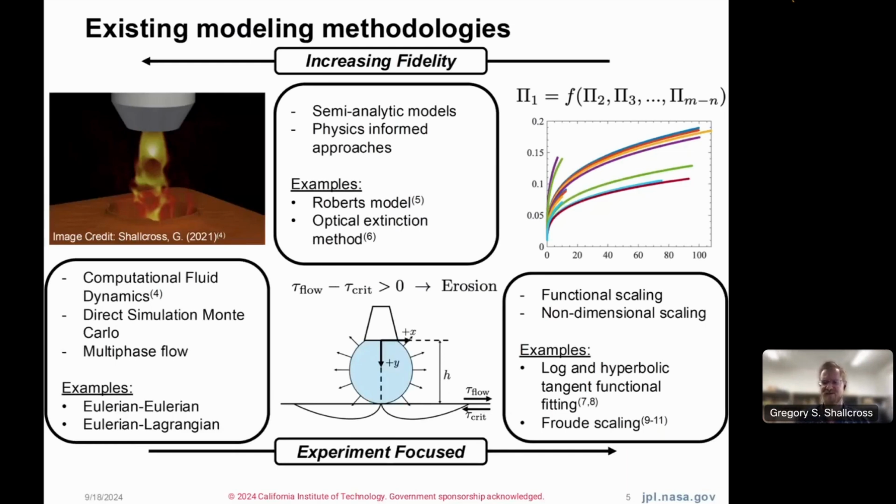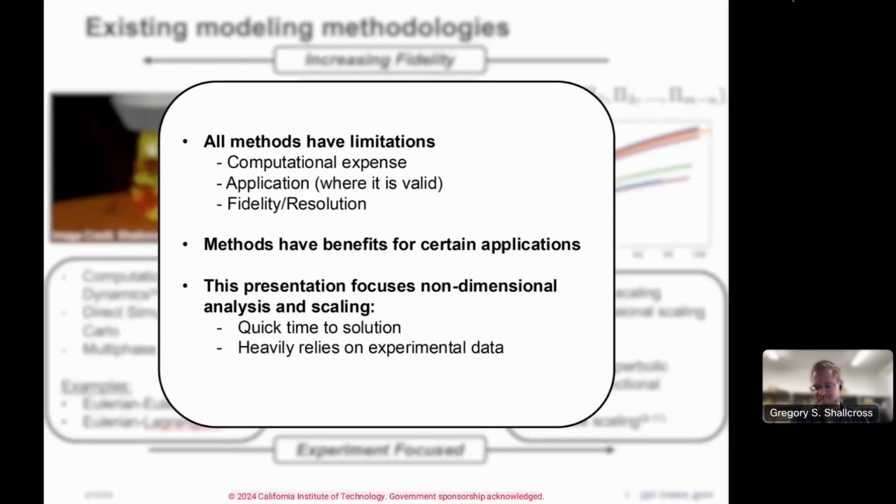That is where Robert's model is, with shear-based erosion methods and optical extinction methodologies. And we could go all the way to the right, the more experimental focus side, where you have functional scaling, where you are directly fitting to experimental data and operating conditions of interest, looking at the variations of different parameters. Go to the next slide.